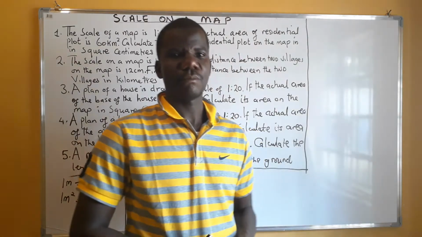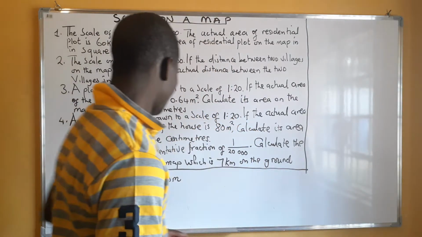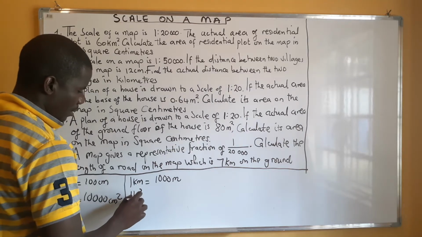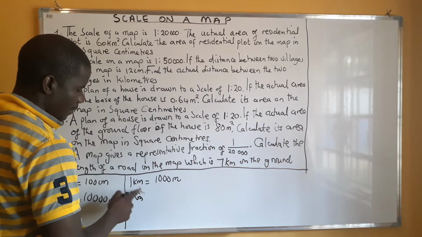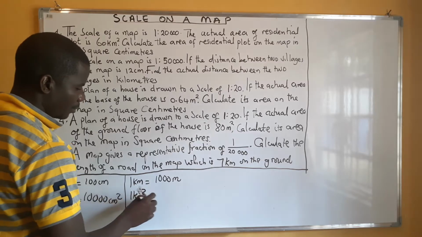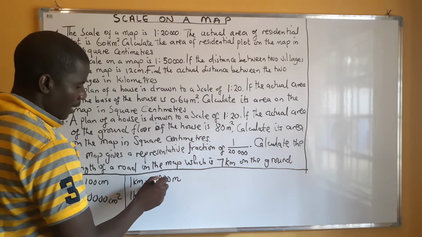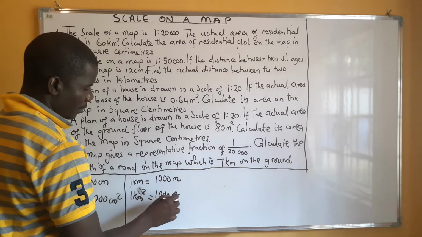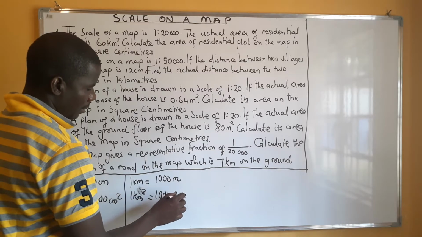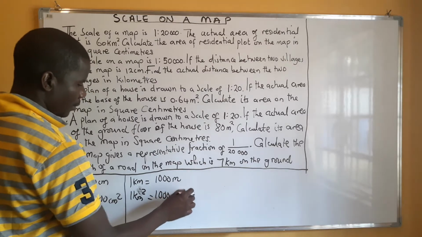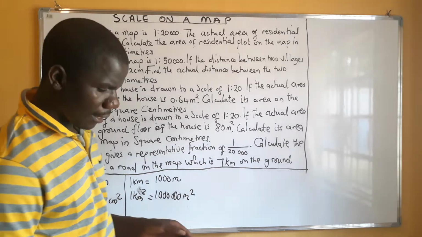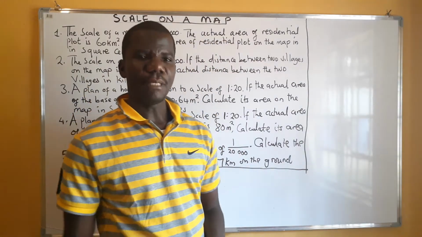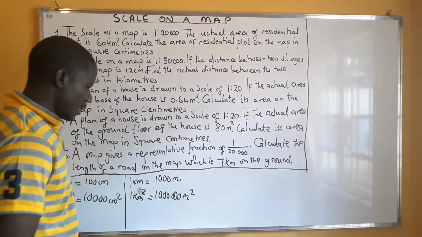Then, what about 1 kilometer squared? This side is squared, so it means we also have to square these ones. So 1,000 multiplied by 1,000, what do we get? We get 1 million meters squared. So 1 kilometer squared is equal to 1 million meters squared. That's very important there also.